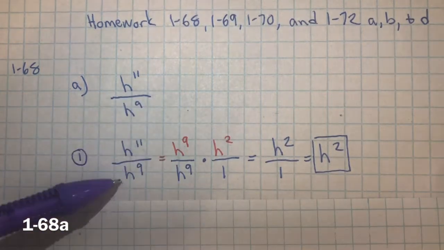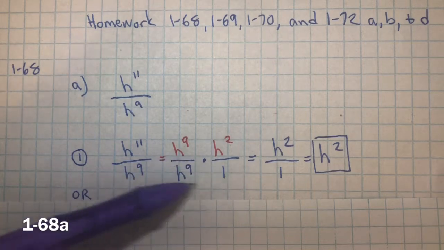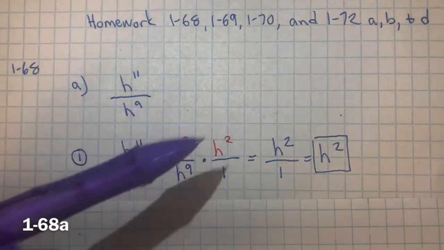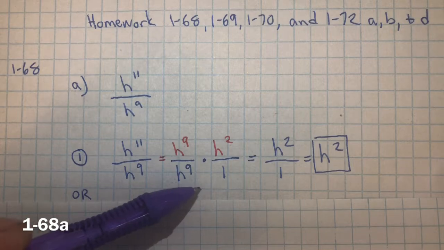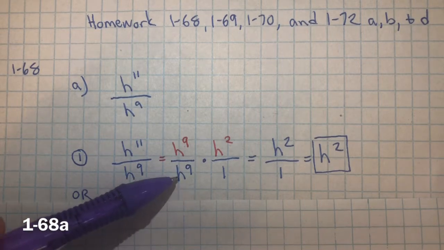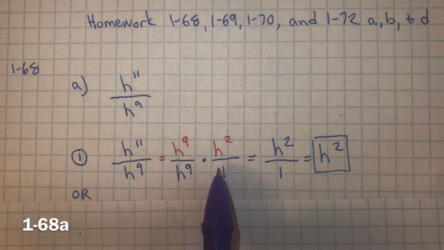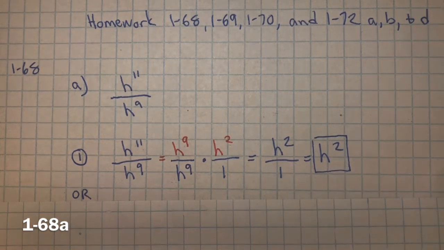And so here we have h to the 9th for the denominator multiplied by 1. Well, that's still h to the 9th, which we created a giant 1. So 1 multiplied by any number would be itself, identity property of multiplication. So 1 multiplied by h to the 2nd over 1 is h to the 2nd, or h squared.